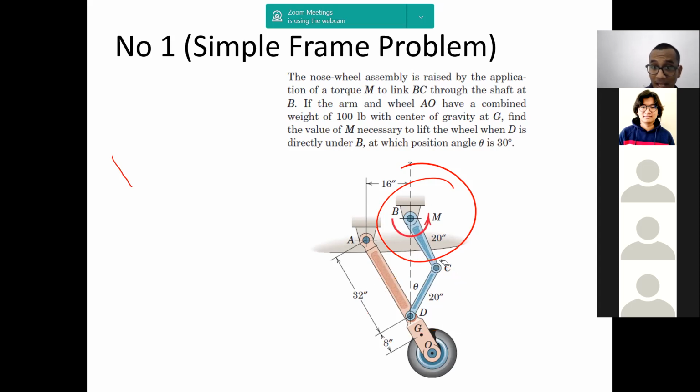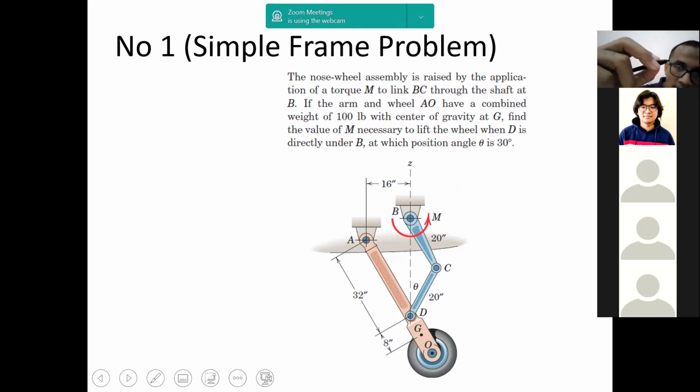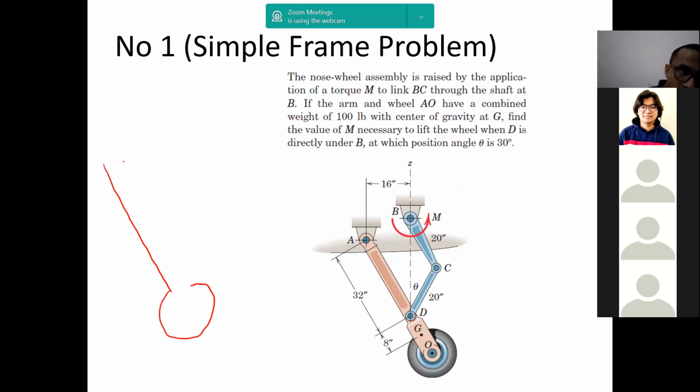So after you know which one is the two-force member and you isolate the members, try to imagine the steps to solve it. First, I will draw the member AO.